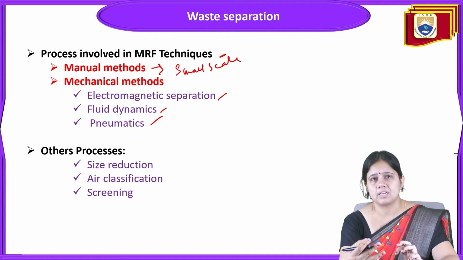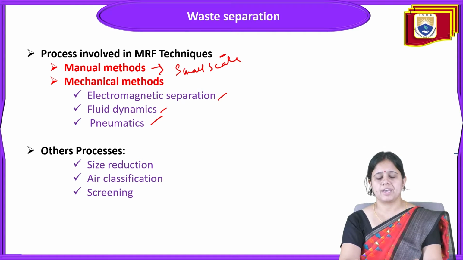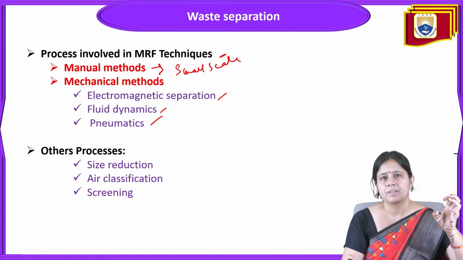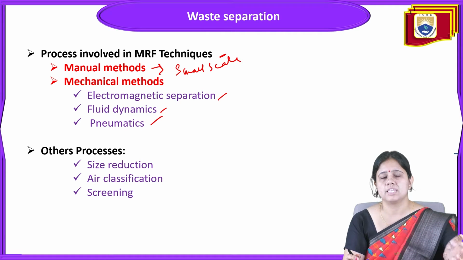Electromagnetic waves are used, then fluid dynamics is also used, then the pneumatic system is also used, and other processes are there, such as size reduction, air classification, or screening. So this mechanical method is a very technical method. The first one uses electromagnetic waves to separate the waste, then fluid dynamics, and then the pneumatic system.